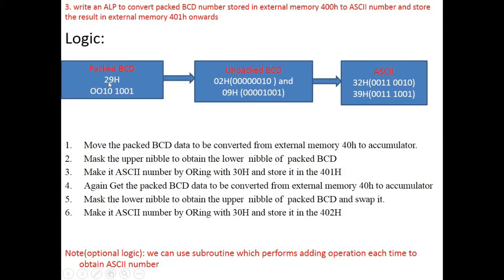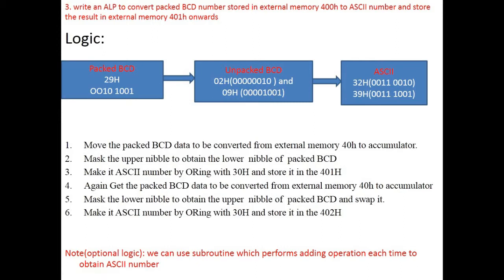That is, we need to separate these two digits. 2 is represented as 02H and 9 is represented as 09H, and then each digit needs to be converted into ASCII value, that is 02H into 32H, which is the ASCII equivalent of 02H, and similarly 09H into 39H. Now let's see how to implement this logic using 8051.